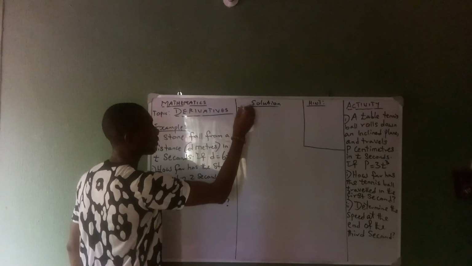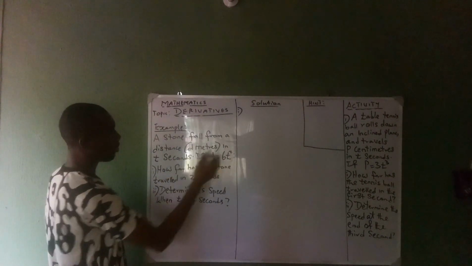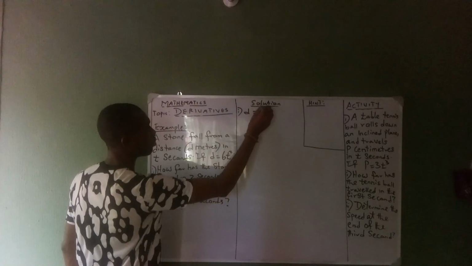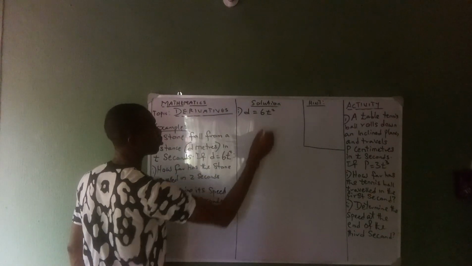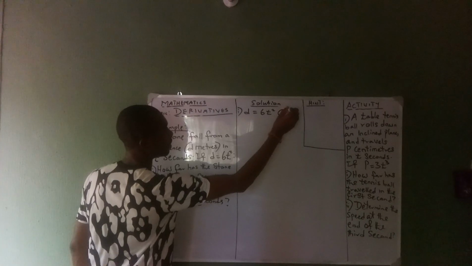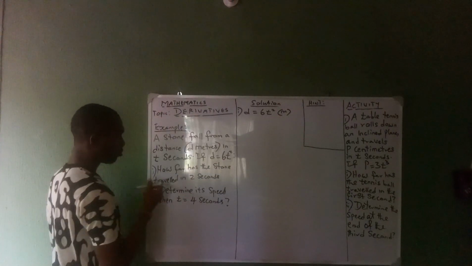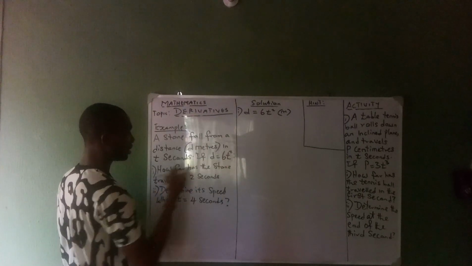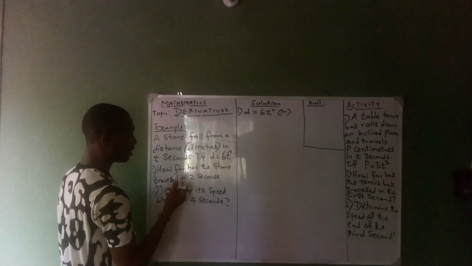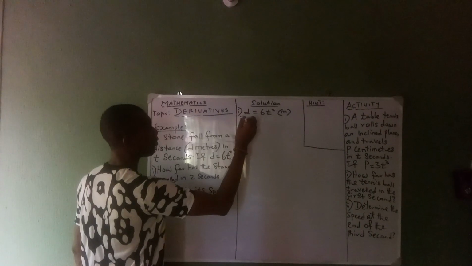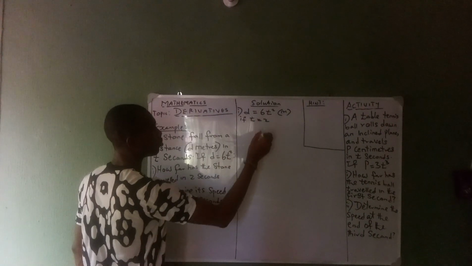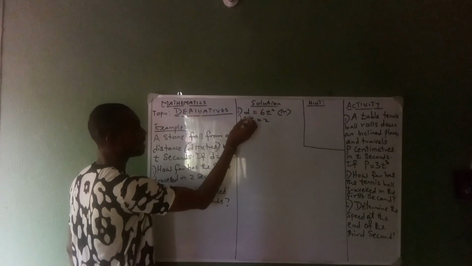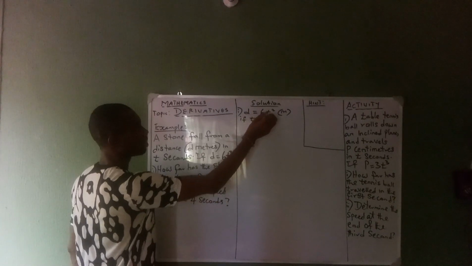For the first part, we are told that our d is equal to 6t square, and d is in meters. Now, we want to find d, which is the distance, that is how far, when t is equal to 2. If t is equal to 2, we substitute t equals 2 in this equation of d equals 6t square.